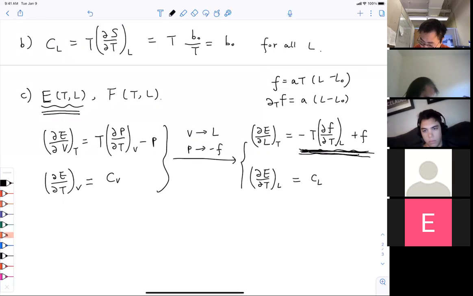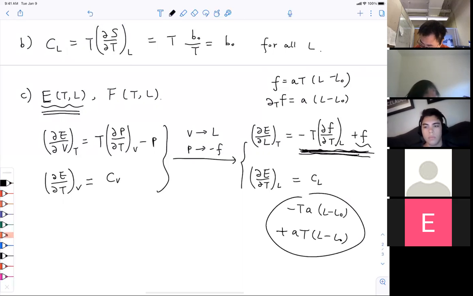The first term is minus T A (L minus L naught), the second term is A T (L minus L naught), so it's zero. So it tells us the energy is independent of L. The energy is only a function of temperature.